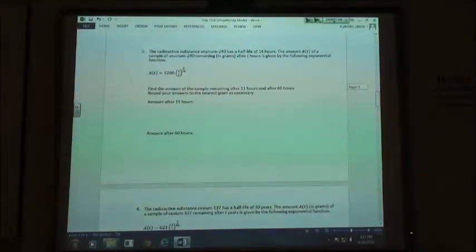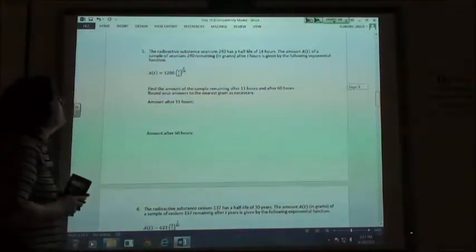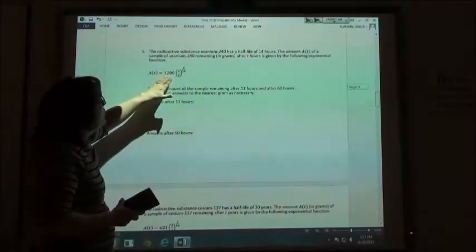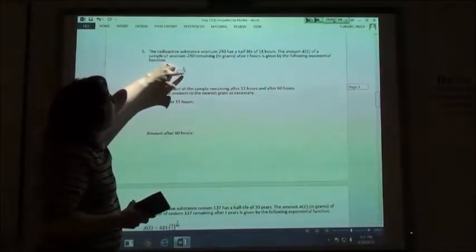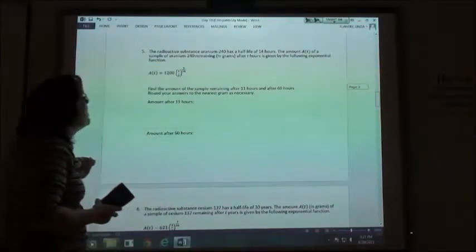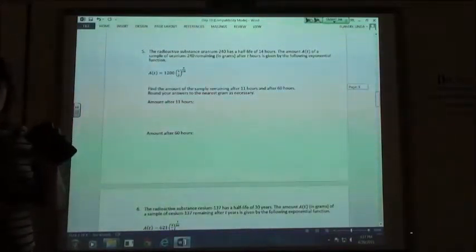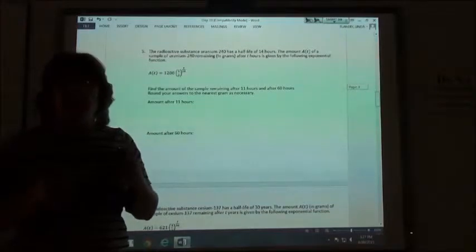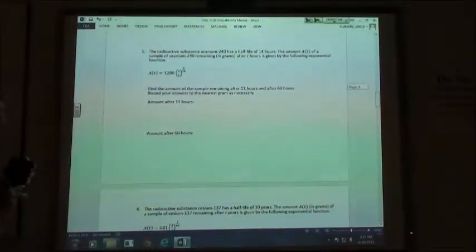The amount of sample of uranium-240 in grams after T hours is given by the following exponential function. 1,200, it's a half-life, and that's why the 1/2 is here, and then it's to the T over 14th power. Now on your calculator, if you have a fraction, it's best to put the fraction in parentheses so that the calculator knows you have to put that together.